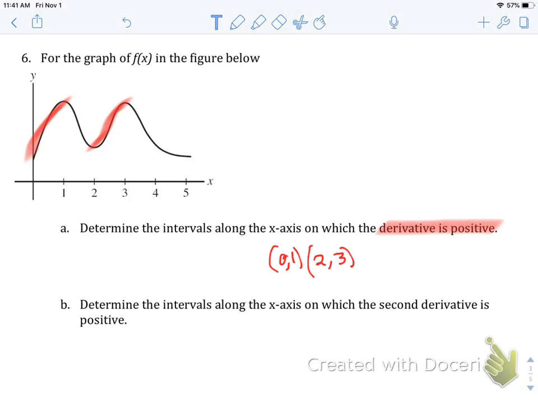And then the interval along the x-axis in which the second derivative is positive is a concavity issue. When is the graph concave up? And concave up is going to happen between any inflection points that are on there. So let's check it out. There's a concave up region there in that one, and then there's one more concave up region, and it's right over, let's see if I can get my highlighter working again, right here on this section.